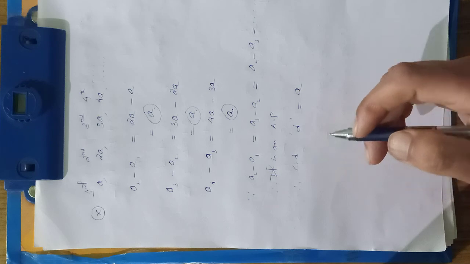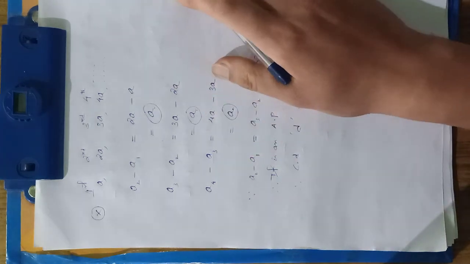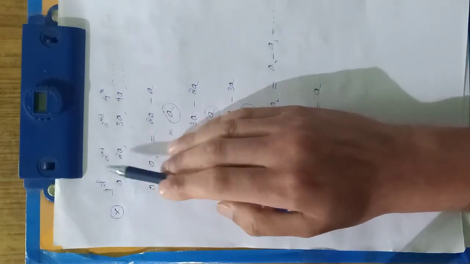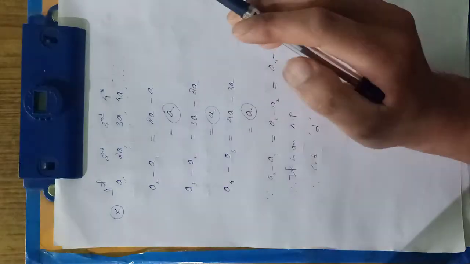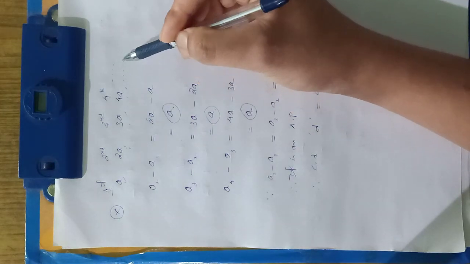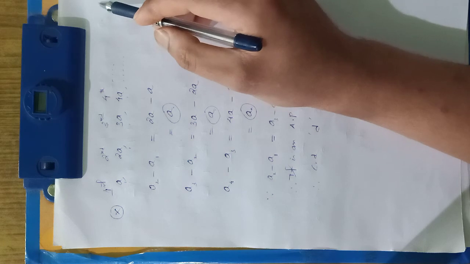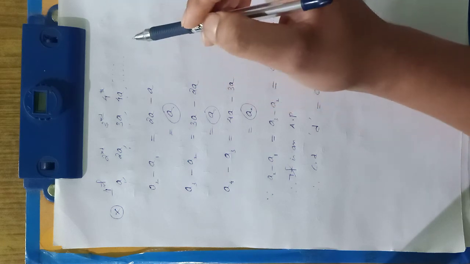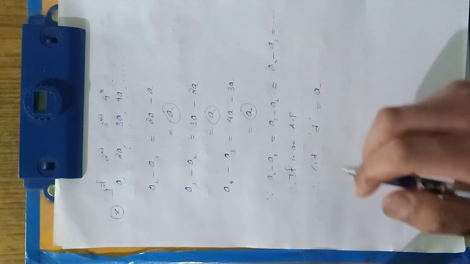Now we have to find three more terms of this AP. It's very obvious that the first term is a, second term is 2a, third term is 3a, fourth term is 4a. That means the fifth term will be 5a, the sixth term will be 6a, the seventh term will be 7a. Suppose the 21st term will be 21a, and so on.